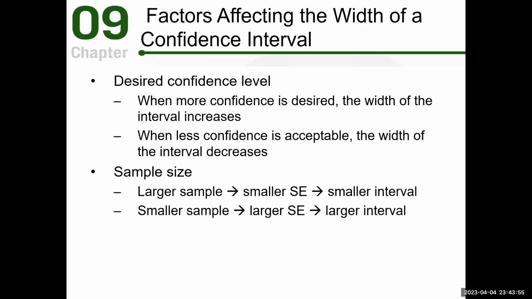When I want more confidence, I'm going to increase that interval. If I want to decrease my confidence, I'm going to decrease my interval. So if I went from 95 to 90, then I'm going to decrease the width of my confidence interval.